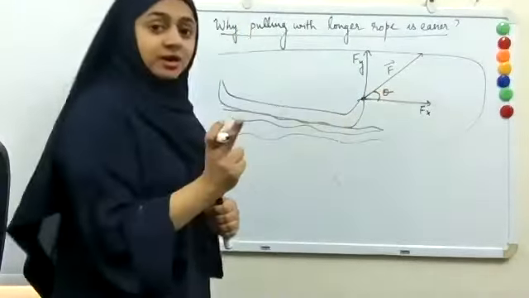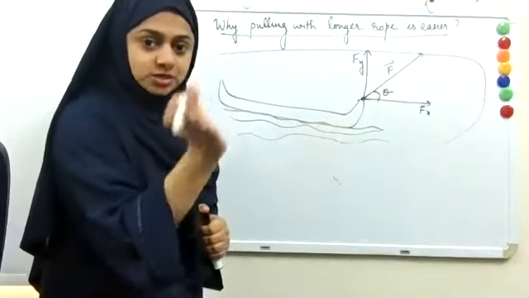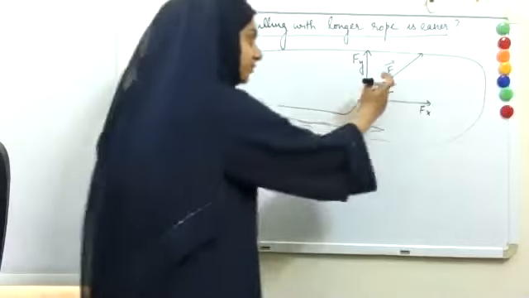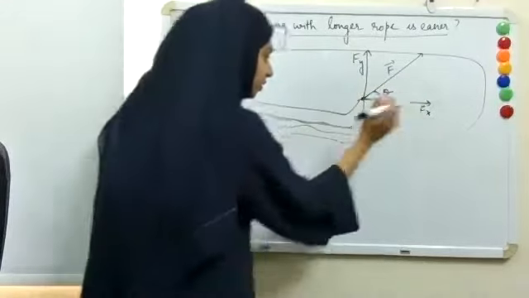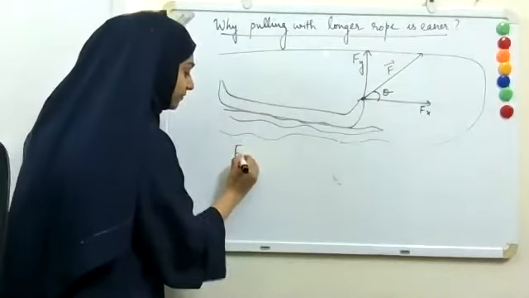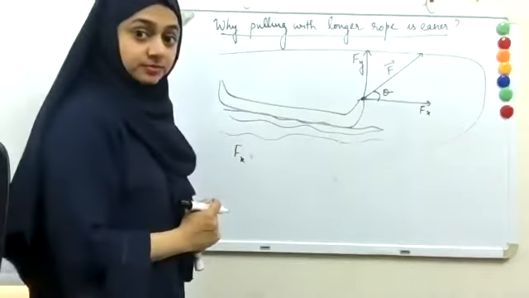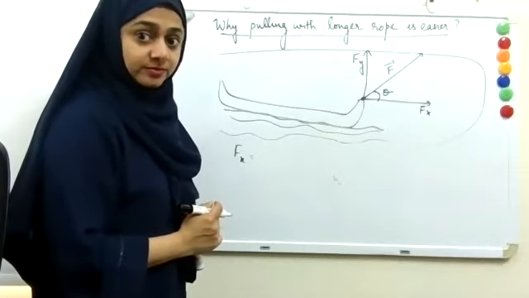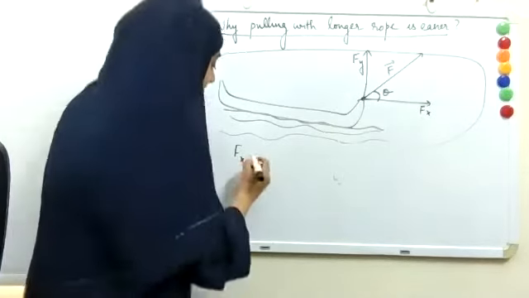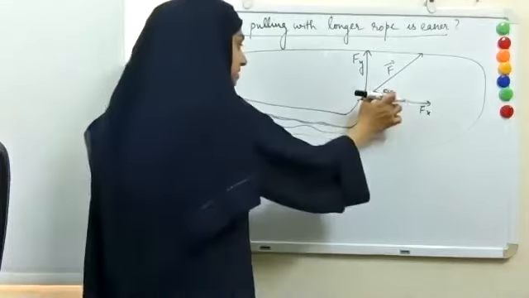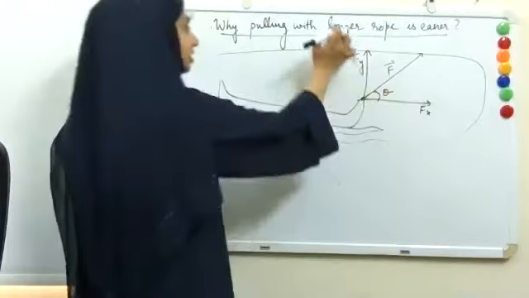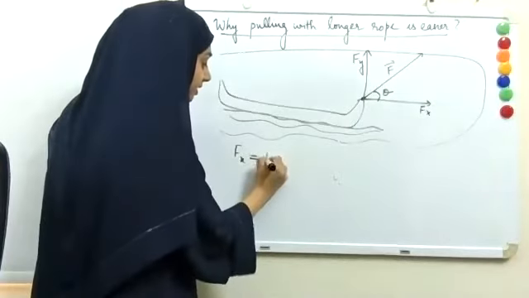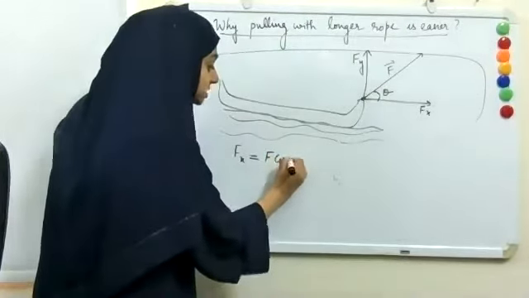Okay, you remember how we resolve one force in the horizontal and vertical direction, how we resolve a vector. So when we resolve a vector, what will be the horizontal component? Fx is equal to F cos theta.